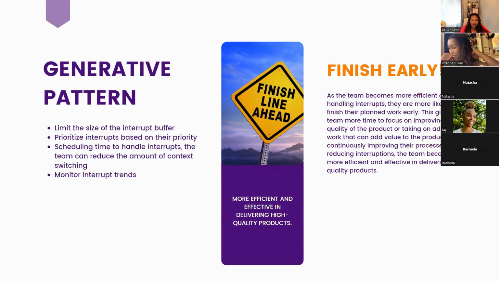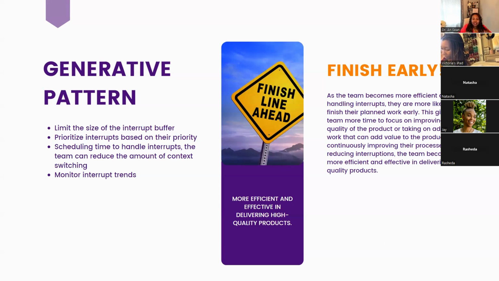And so the whole key to the interrupt buffer pattern is that if we do this and create this generative pattern, then we as a team should be able to finish early. As the team becomes more efficient at handling interrupts, they are more likely to finish all of their planned work early. That is the key.